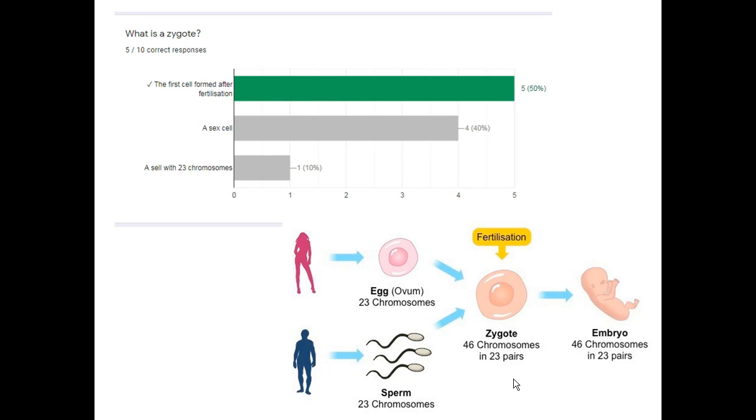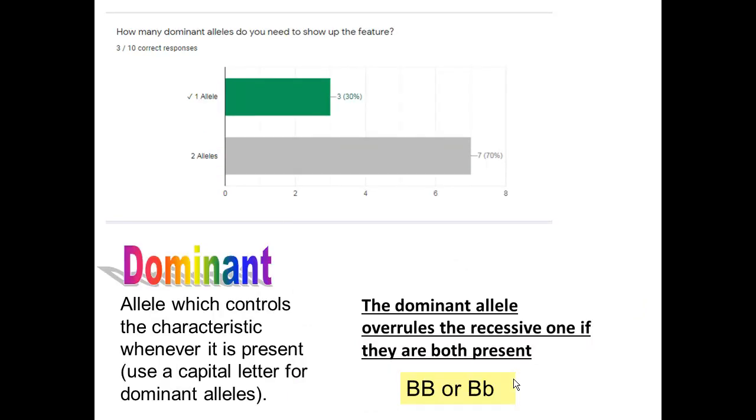Okay? Now, the one about the dominant allele. The dominant allele is the strongest, the one that will show up the feature whenever it is present, and will overrule the recessive if both are present.